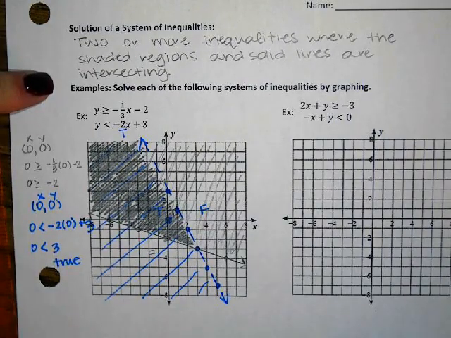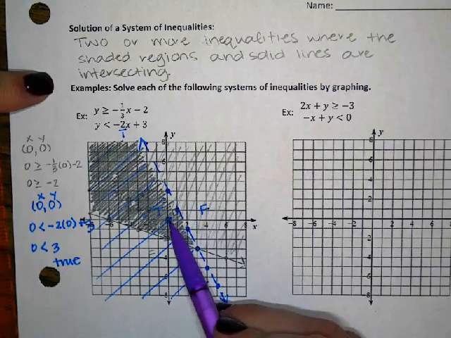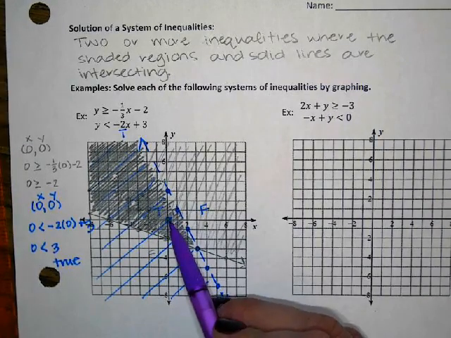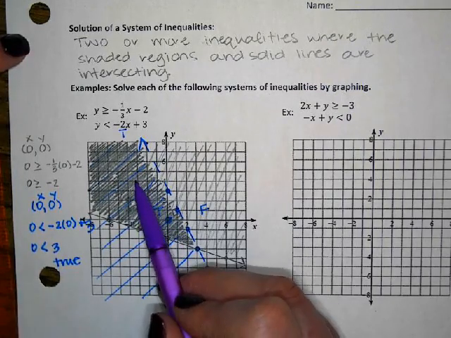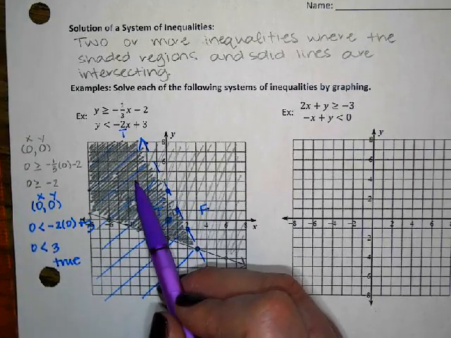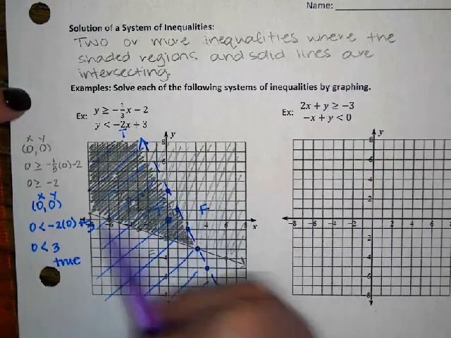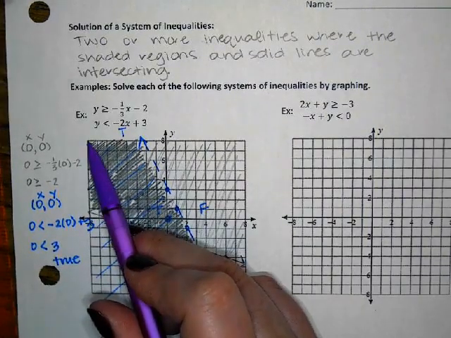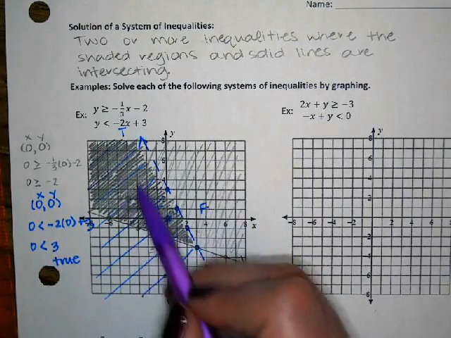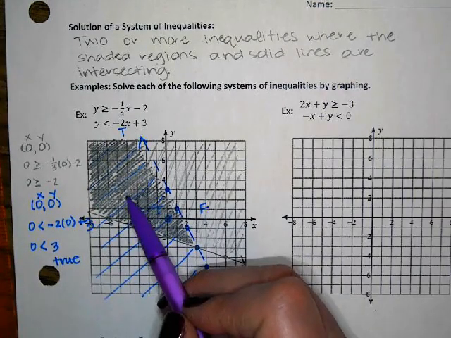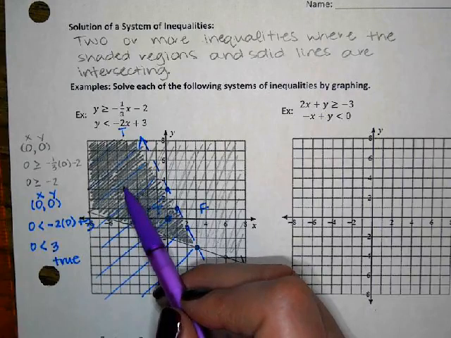So 0, 0 is a solution to the system. -3, 4 is a solution to the system. -8, 8 is a solution to the system. Any point in the double shaded area, those are all solutions to the system. Okay? All right, let's try the next example.